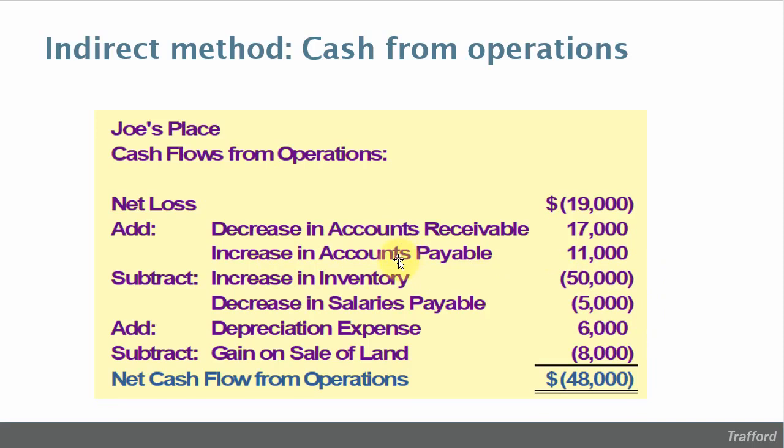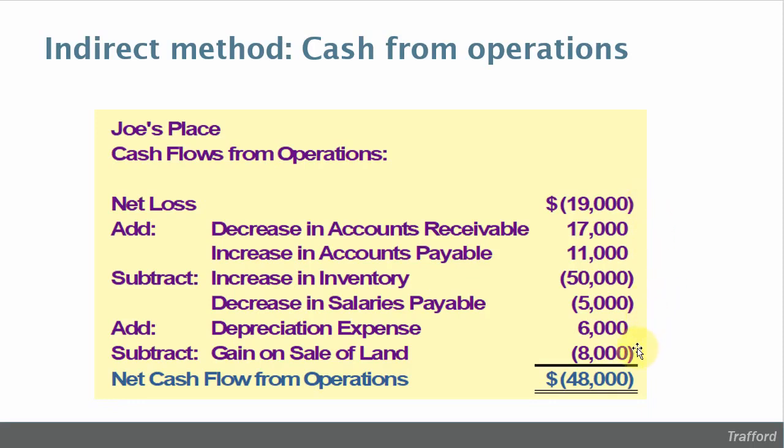Of important note, by the time you do all of this math, what comes out on the other side is that operating cash use of $48,000, and it's exactly the same amount we got when we did the direct method. One thing I think you'll note is that for most people, looking at the indirect method here doesn't really give you a very good sense of how much cash came from customers, how much cash was paid for salaries, or anything like that.